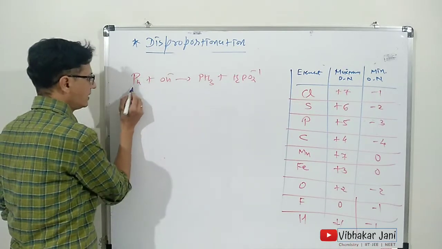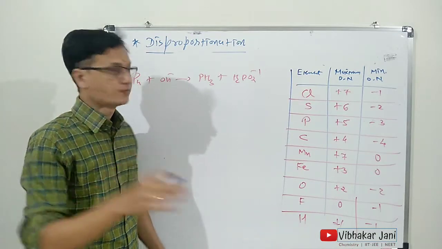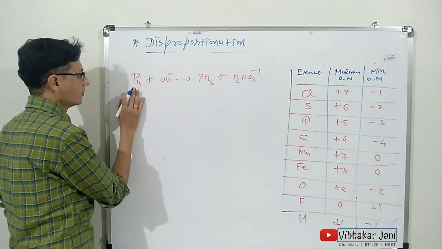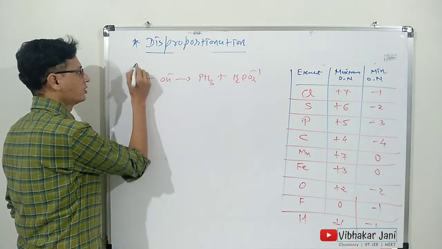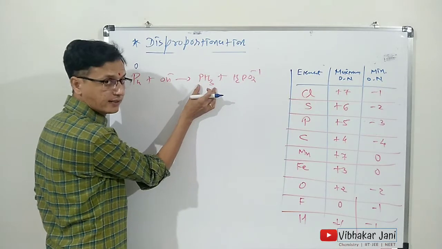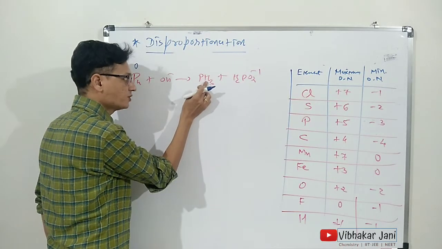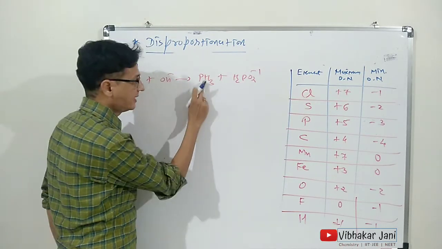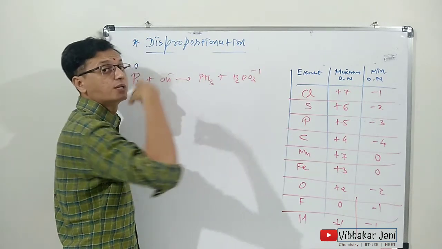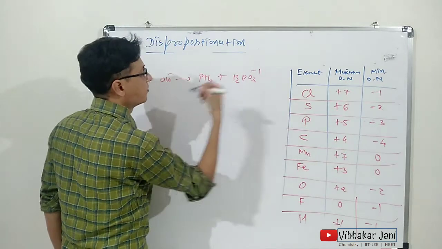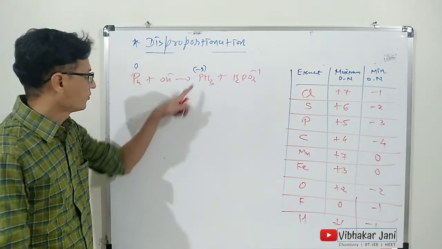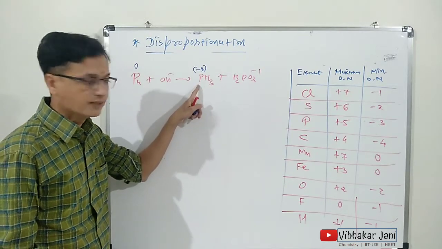Now let us consider the oxidation state of phosphorus in the reactant as well as the products. P4 is a molecule, so its oxidation state is always 0. In PH3, hydrogen with phosphorus will have +1 oxidation state, and +1 multiplied by 3 is +3, and if it goes to the other side of the equals sign, it becomes -3. So -3 is the oxidation state of phosphorus in PH3.